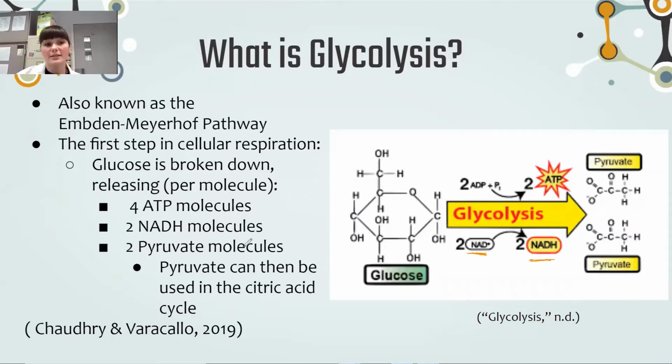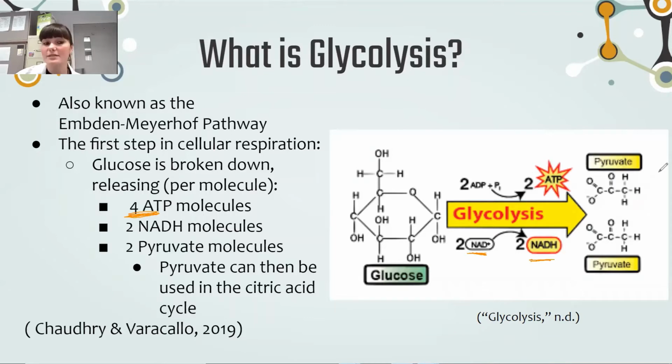Now, I know that it says over here 4 ATP molecules, but you're only seeing 2 in this diagram. The reason for that discrepancy is because it takes a little bit of ATP to make some ATP. So our net gain overall is 2, even though 4 are technically produced.